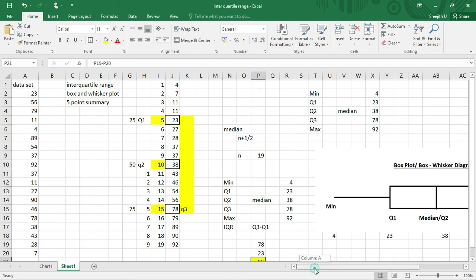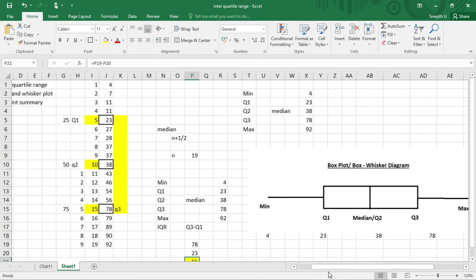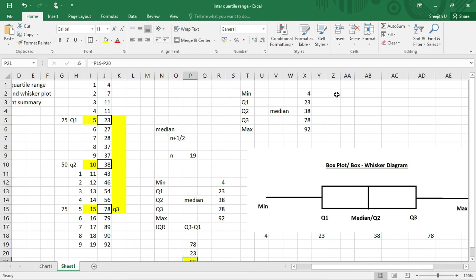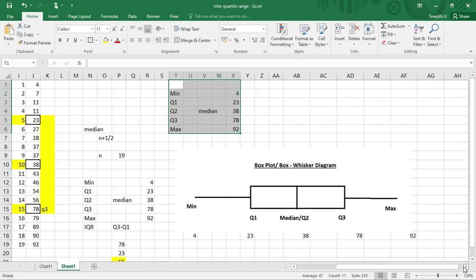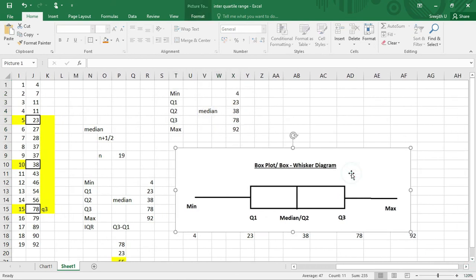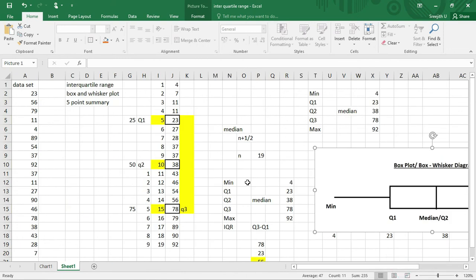If you add the minimum and maximum values to it, you get what is called a 5-point summary. A graphical representation of the 5-point summary can be made in this way, and it's called a box and whisker plot. What you find in the middle is the box, and on the sides you have what is called a whisker, like a cat's whisker. And right in the middle of the box you draw the median. So this is your box and whisker plot.